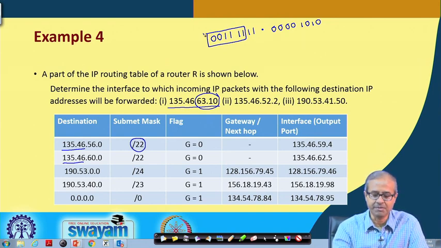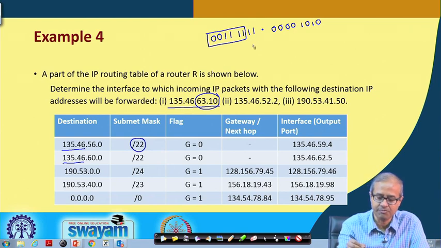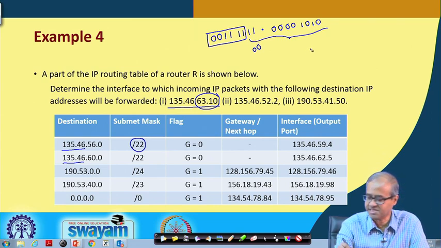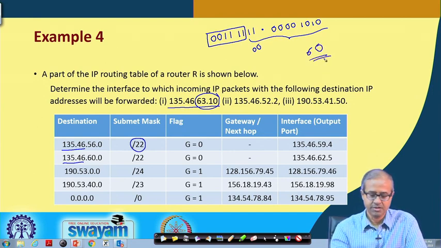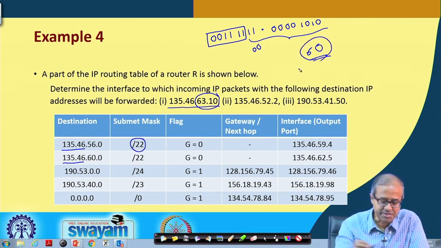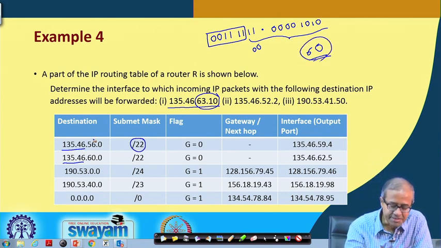So, how much will it become? If you do a bit by bit ANDing, these 2 bits will be the host part, so they will become 00. So, it will actually become 0011 1100, this is 60. You see in the first entry it is 56, so it is not matching.